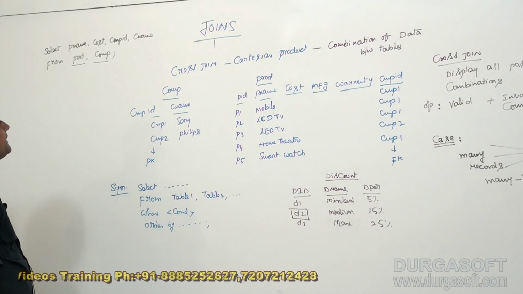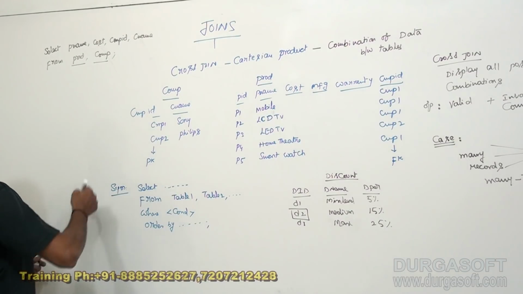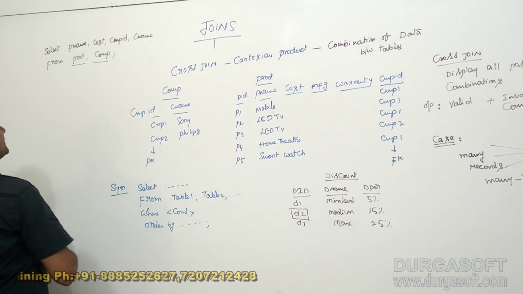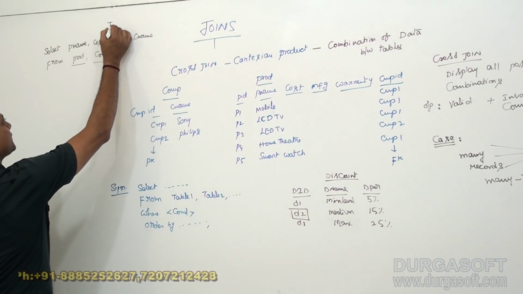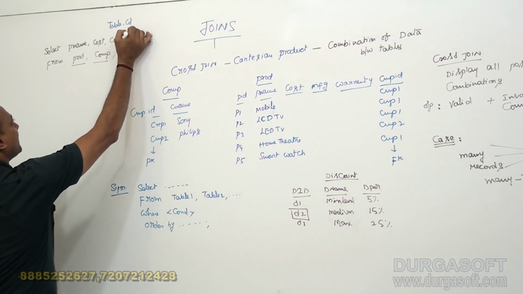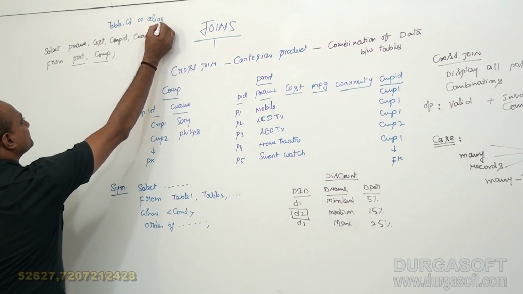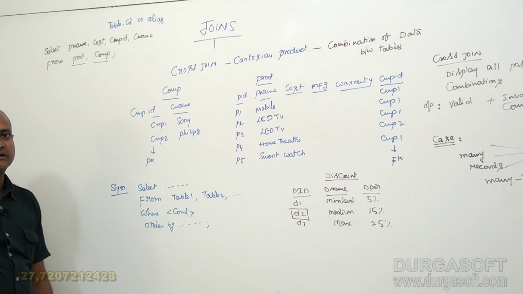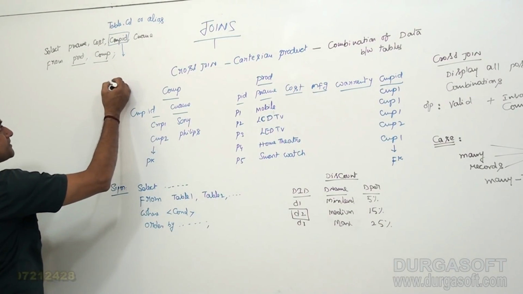So if you are selecting individual columns from individual tables, then definitely you must specify like this. Either you can use table name dot common column name, or you can use alias names, table name dot common column name at this place. So at this place, what do we substitute?